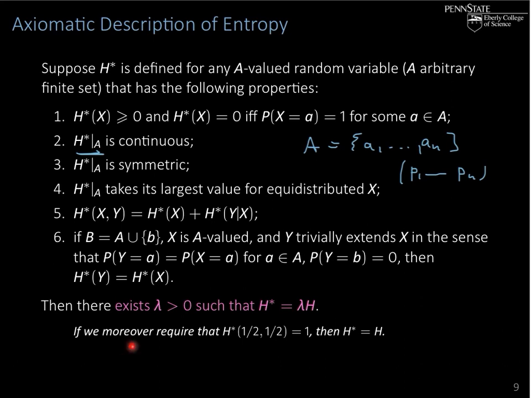And if we moreover require that H star of 1/2, 1/2, the binary equidistribution, is 1, as we observed before is true for H, then we actually have everything fixed. Then H star must be equal to H.